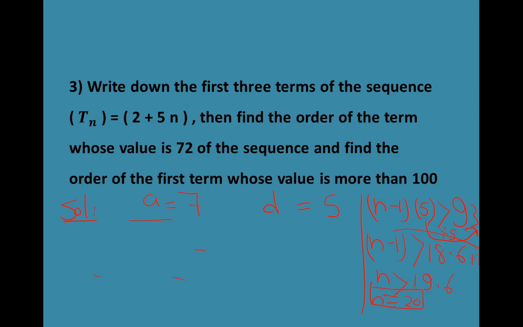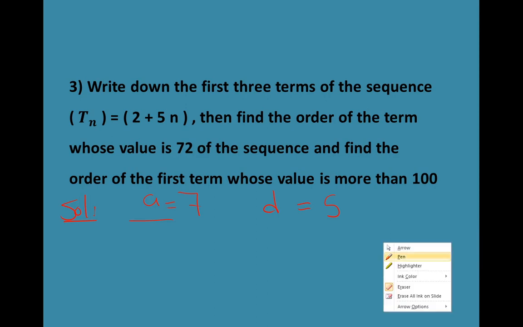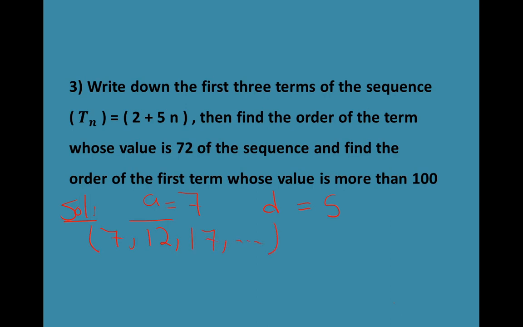If I have an arithmetic sequence of A equals 7 and difference equals 5, the first term is 7, the second one 12, the third term is 17, and so on. Then Tn equals A plus n minus 1 multiplied by D.